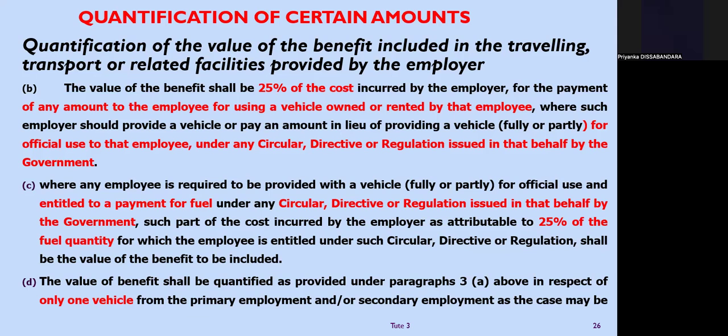That means sometimes that person has his own vehicle, or he rented out that vehicle, any vehicle he used for the transportation, that vehicle benefit is 25%. We only tax 25%, but this concession is applicable only to the government employees. I have mentioned about the government employees because under this circular, most of the employees are government employees. That is why I have mentioned that term.